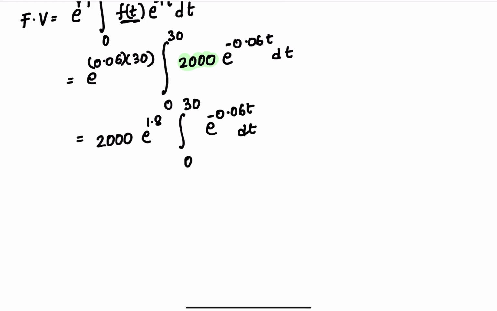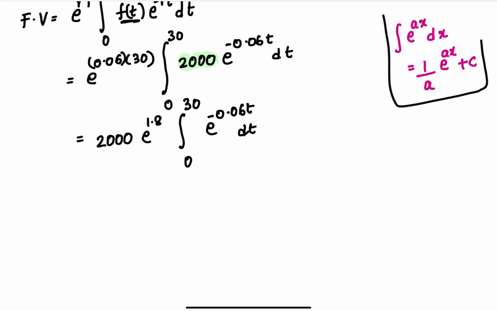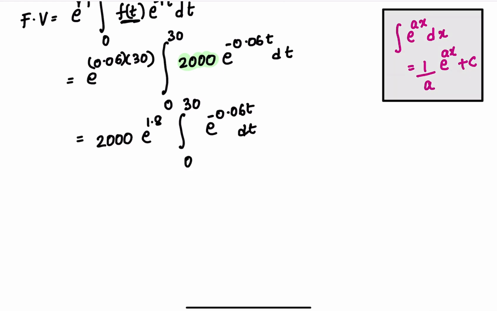Now let me quickly give you a formula here. The integral of e to the power ax dx is simply 1 over a, e to the power ax, plus c. Make sure you write this down somewhere so you know what this is, and every time you see e to the power, you'll simply go ahead and use that formula.